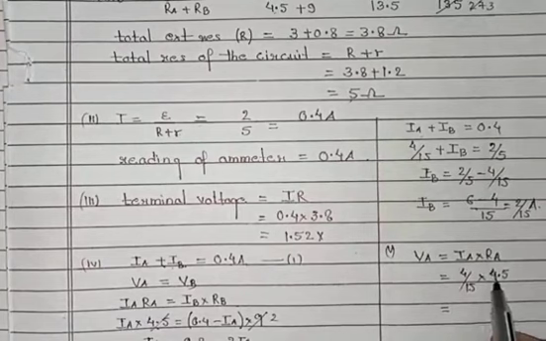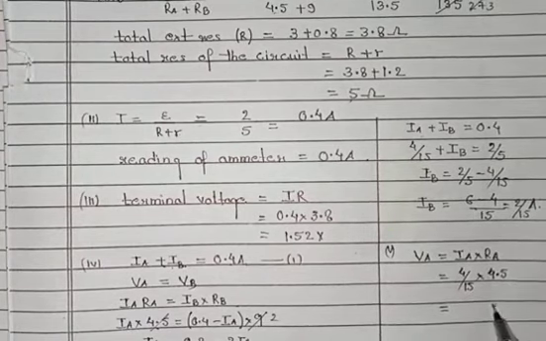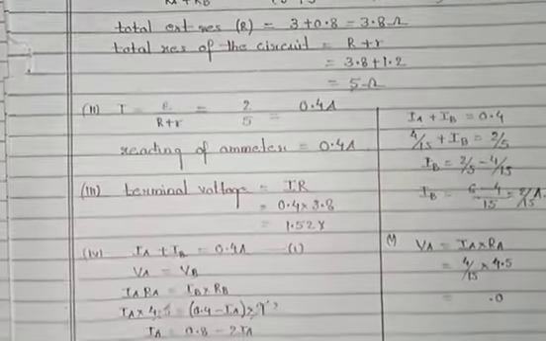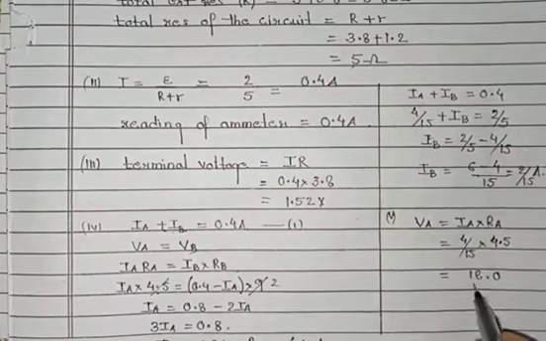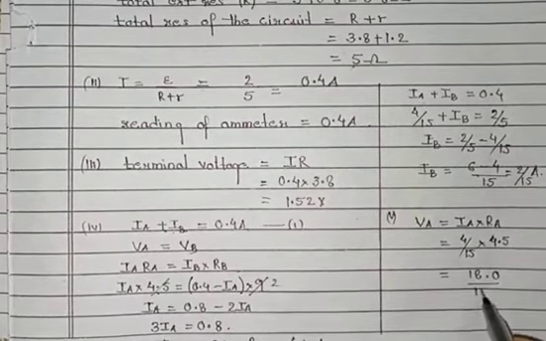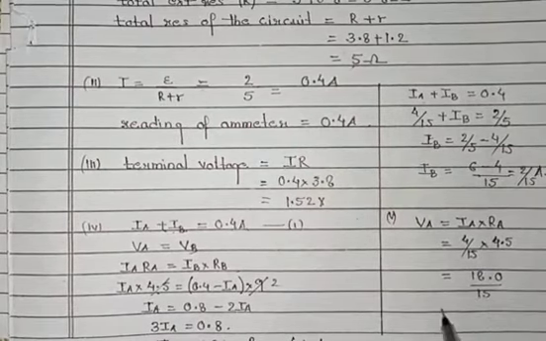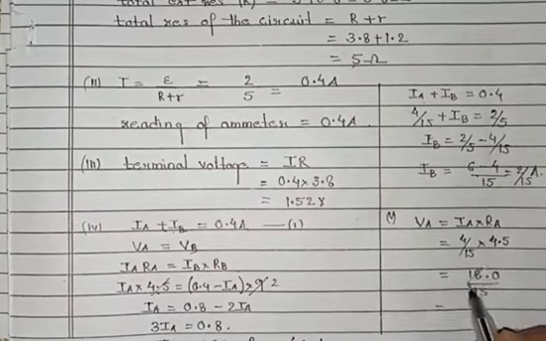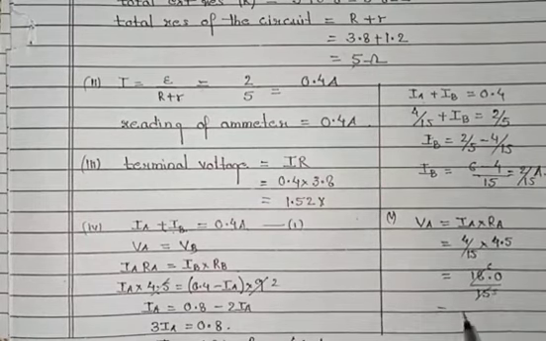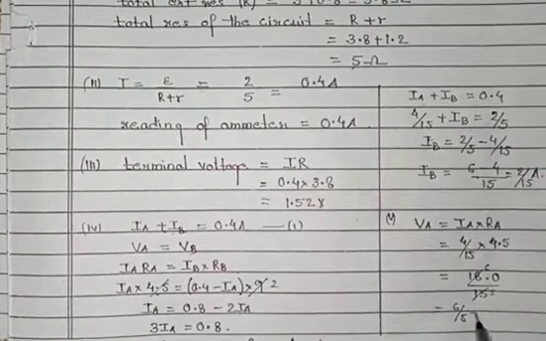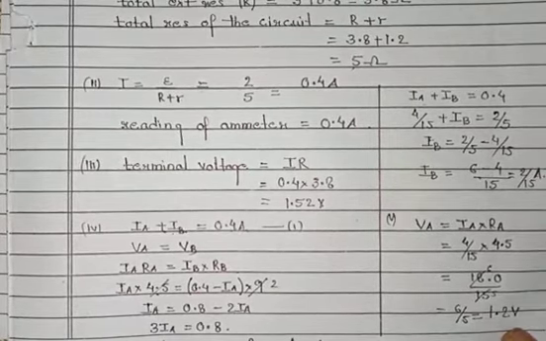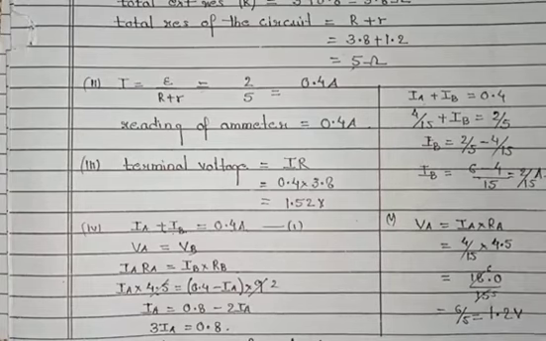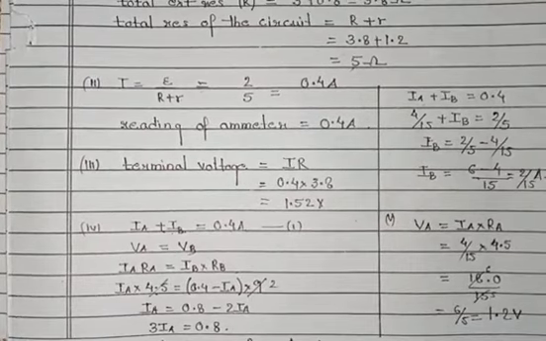So let's solve this. 4.5 multiplied by 4 will give you 18 upon 15. So reduce it by 3, 6 upon 5, that is 1.2. So this will be the potential difference across A. This is clear to you?